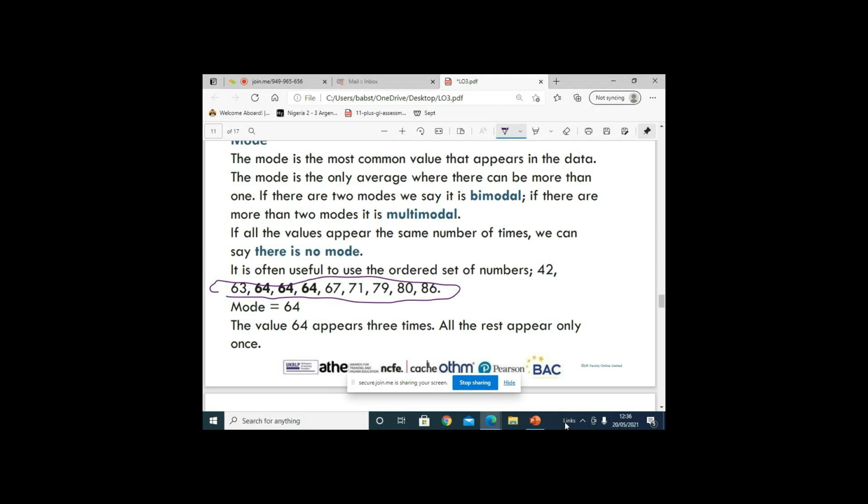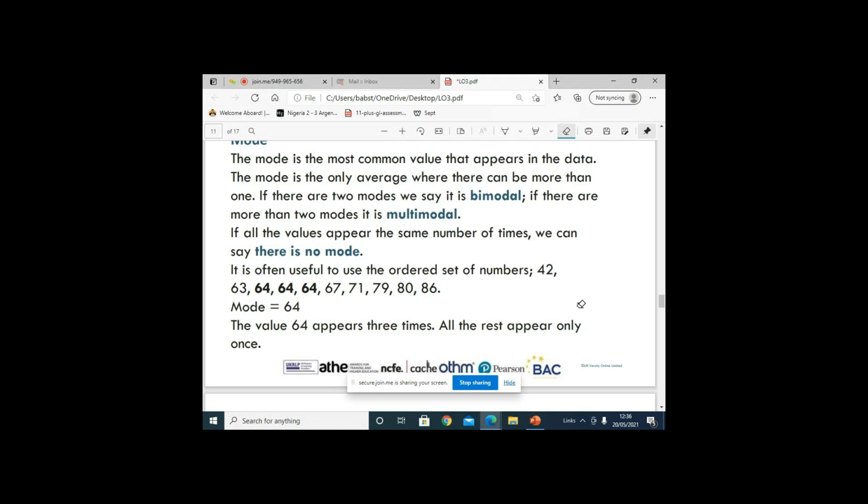So you just take them away from each other. 86 minus 42 gives you 44. The range is going to be 44.